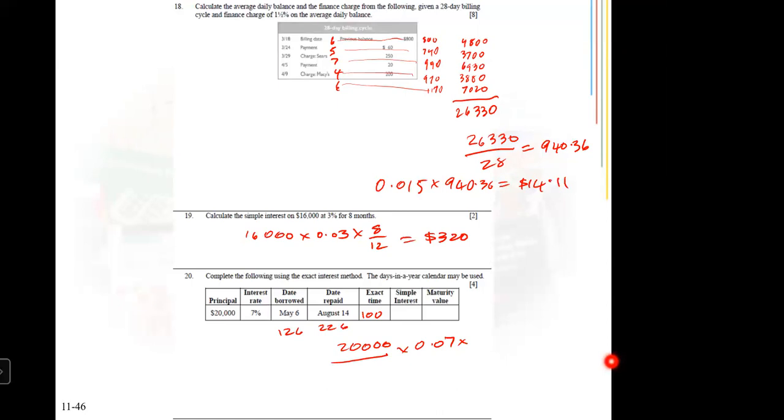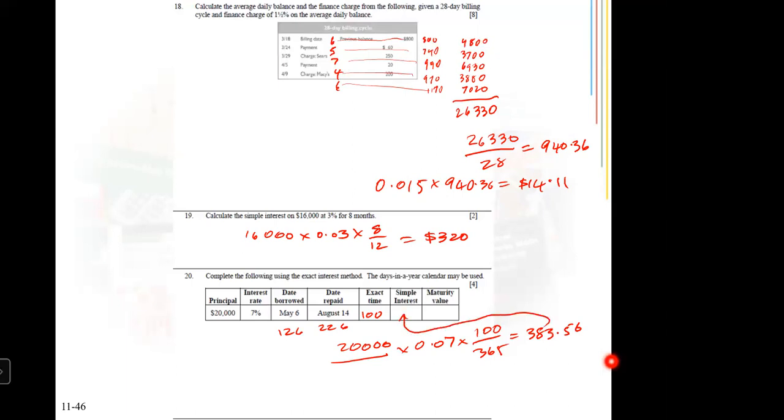They told you to use the exact interest method. It's 100 over 365, and that works out to 383.56. So that's what would go in here.